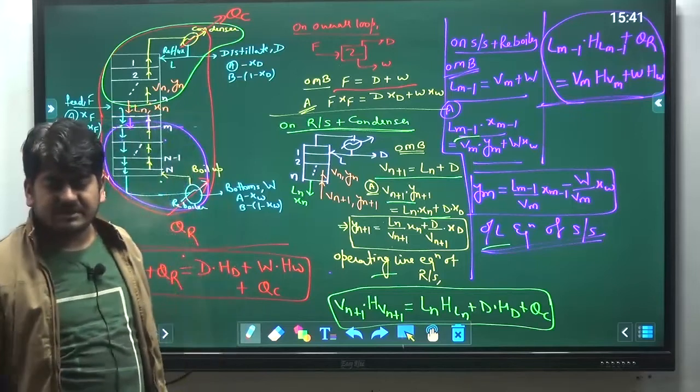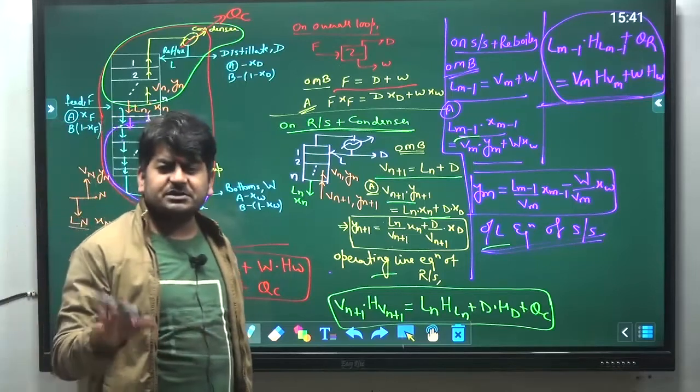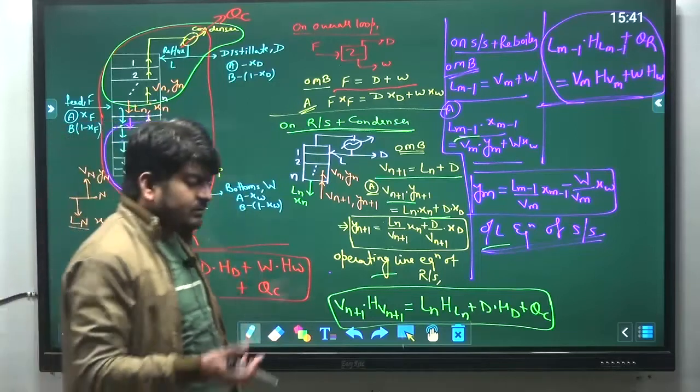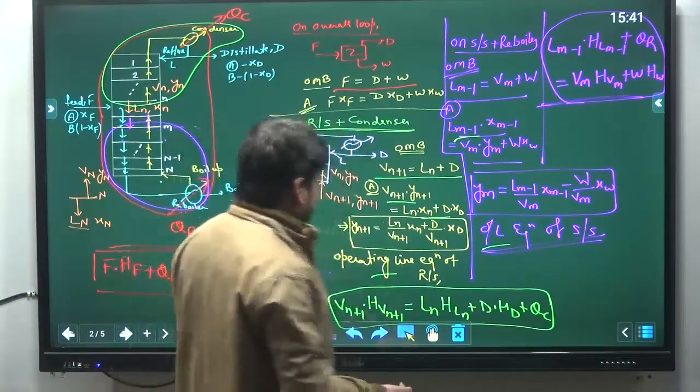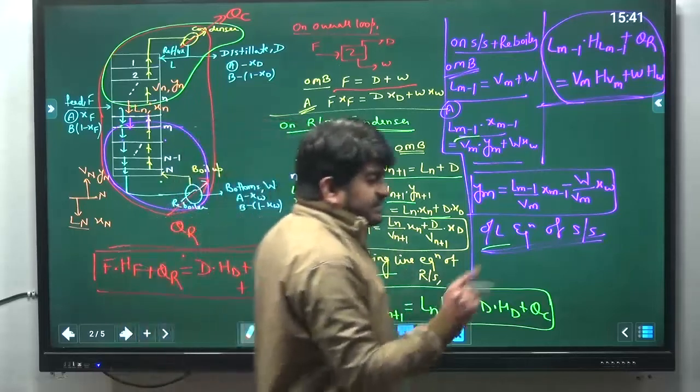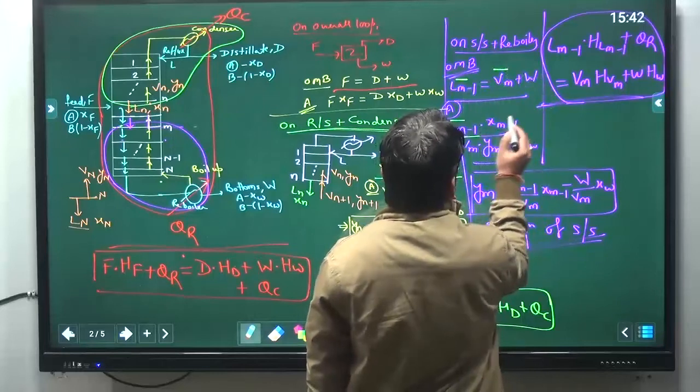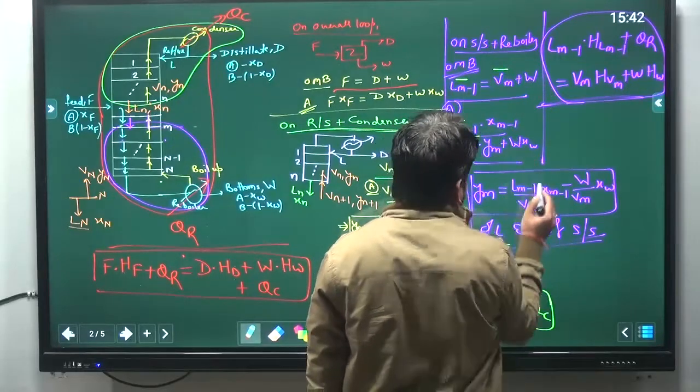We will use the notation bar, as we are referring to the book Geankoplis. So for the stripping section, the flow rates will be Lm bar, Vm bar, Lm-1 bar.